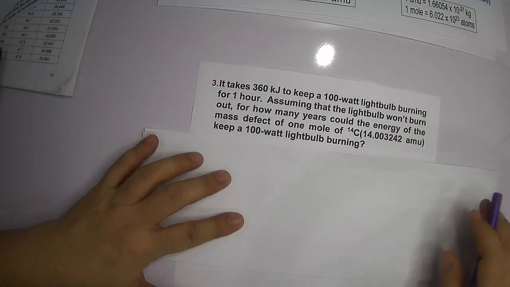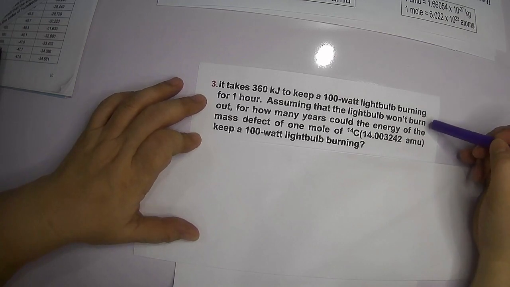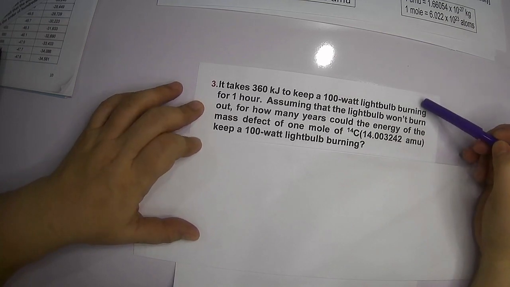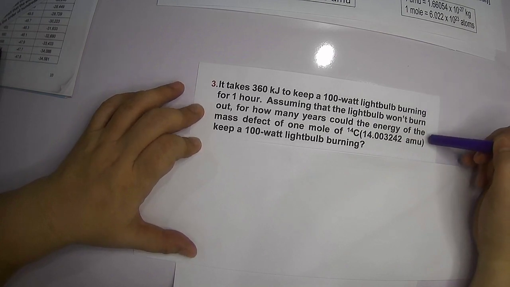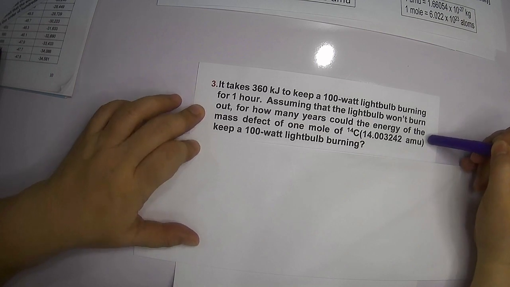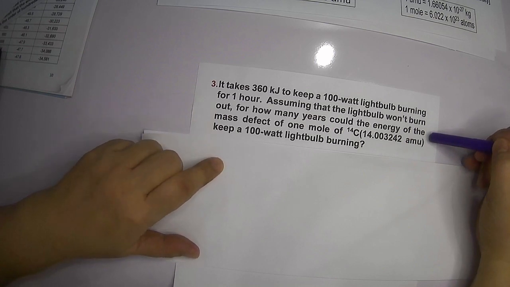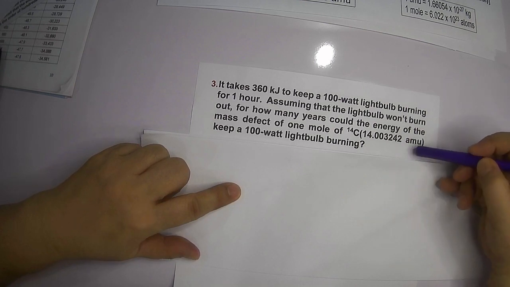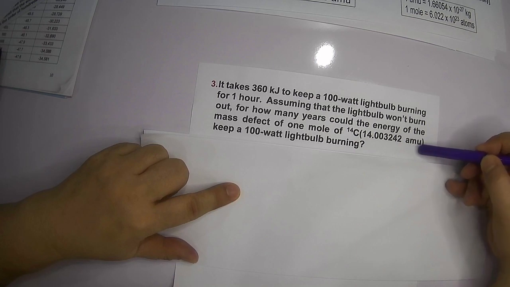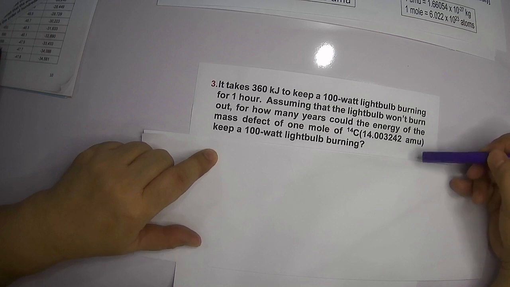Then, still on the binding energy, for the third number, it takes 360 kilojoule to keep a 100-watt light bulb burning for 1 hour. Assuming that the light bulb won't burn out, how many years could the energy of a mass defect of 1 mole of carbon-14, whose atomic mass is 14.003242 atomic mass unit, keep a 100-watt light bulb burning?